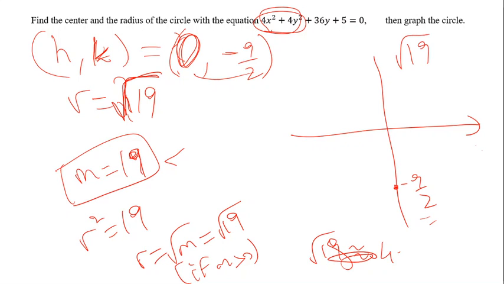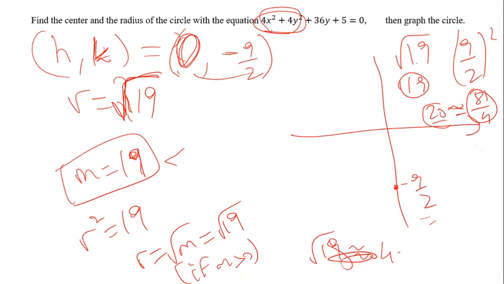Square root 19 and 9 over 2. It's about 20 and it's about 19 if you take the square. So this is bigger, right? So square root 19 can go up to here now. It's because it's less than the absolute value of 9 over 2. So it has to be something like this.